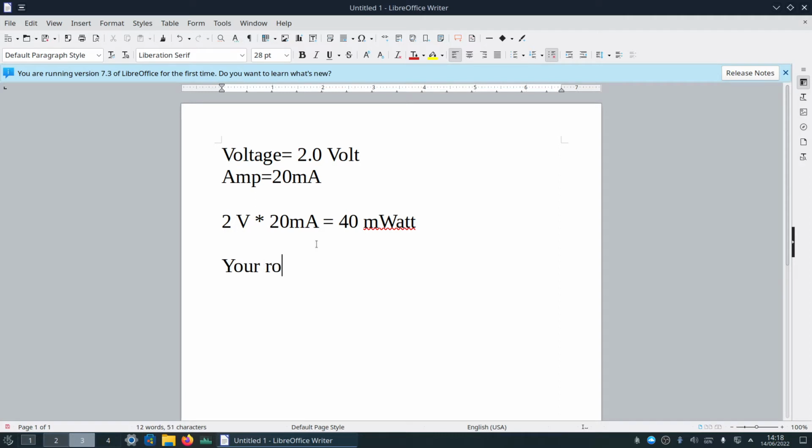Your router is doing on average 100 milliwatt. Now, what can you think about if you could see your Wi-Fi signal in the visible spectrum, if you could really see your Wi-Fi router in the visible spectrum?